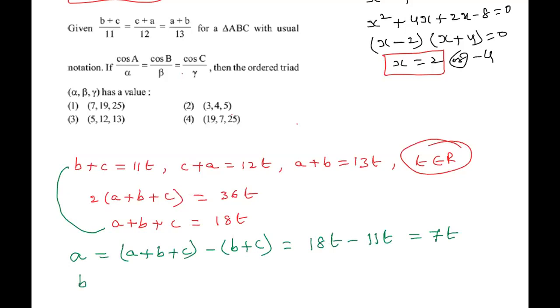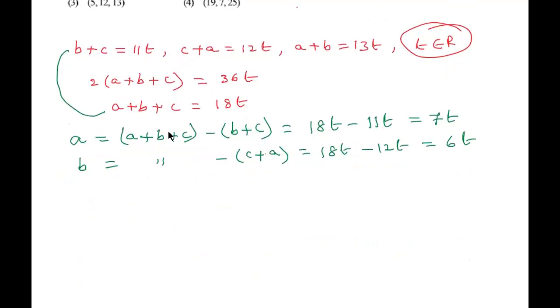Similarly for B: (A+B+C) - (C+A) is 18T - 12T, which gives 6T. Similarly find small c also: (A+B+C) - (A+B) is 18T - 13T, which gives 5T.